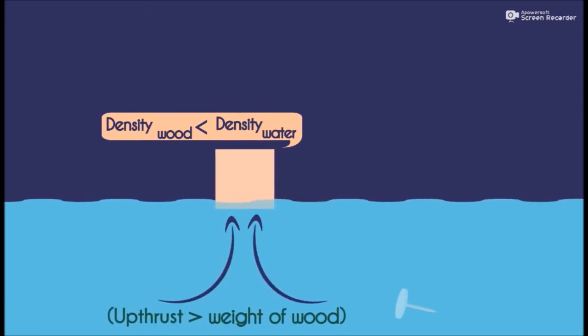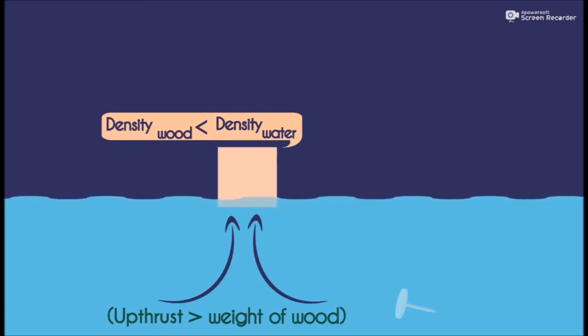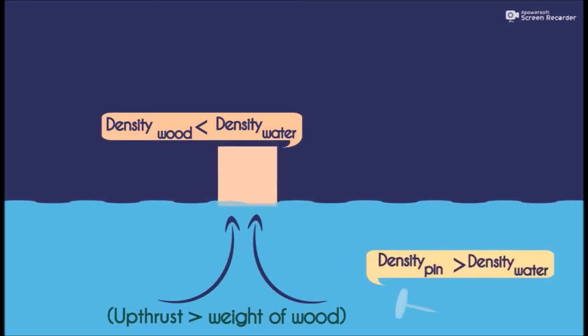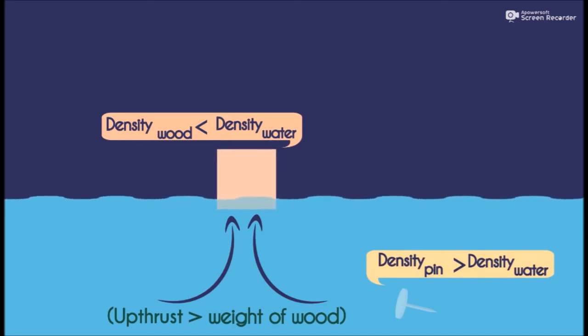Hence, it floated. But the density of a metal pin is more than the density of water. Though it looks tiny, there is more mass per unit volume within it as compared to the water. Hence, the upthrust of the water on the pin is less than the weight of the pin.